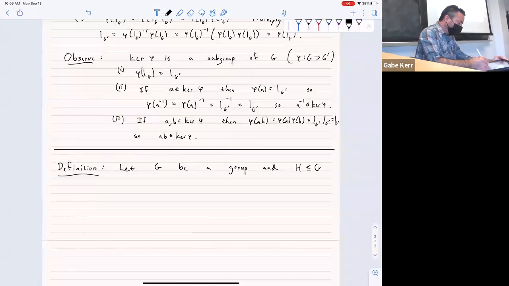The left coset is a subset of G of the type aH. So it's a set of all multiples of H on the left by some element a of the group.